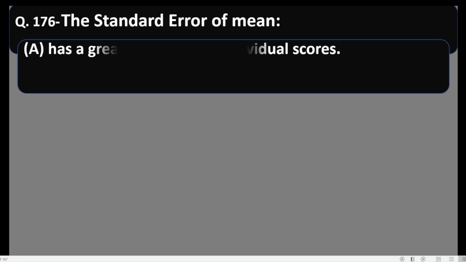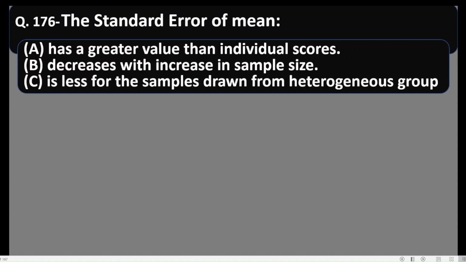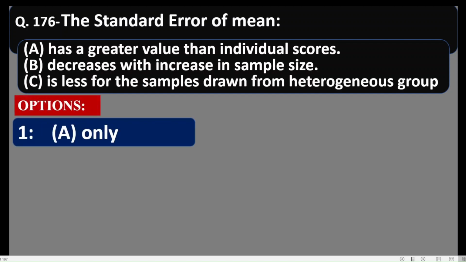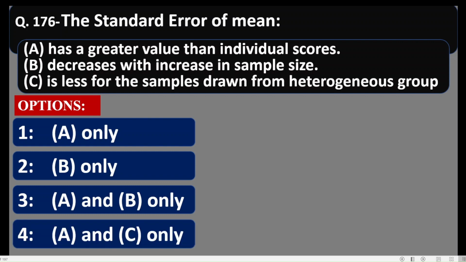Question number 176. The standard error of mean: A, has a greater value than individual scores. B, decreases with increase in sample size. C, is less for samples drawn from heterogeneous group. Options: A only, B only, third A and B only, fourth A and C only.